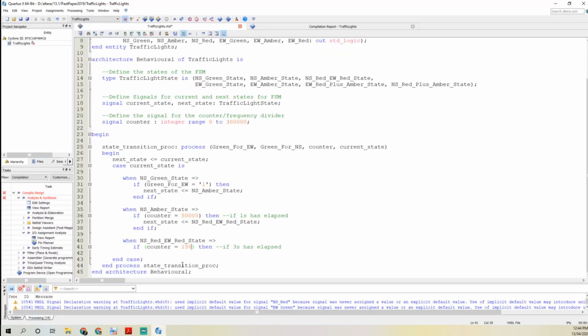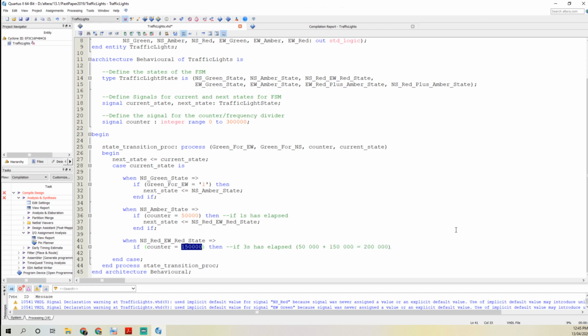But I can't put 150,000 here because, yes, the individual value of 150,000 ticks of my clock corresponds to 3 seconds. But remember, the counter, when coming into the state, had a previous value of 50,000. So I need to look at its previous value plus the time it takes for 3 seconds to pass, which is equal to 200,000.